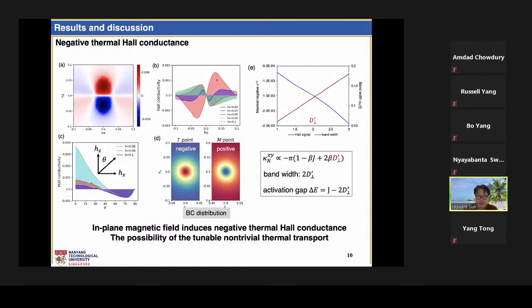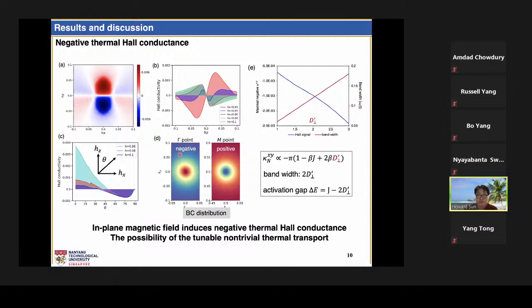Basically, the positive value of this Hall conductivity is contributed by the triplon localized at the M point, which holds a positive Berry curvature. However, the negative value of the Hall conductance is dominated by the Berry curvature hotspot at the gamma point.